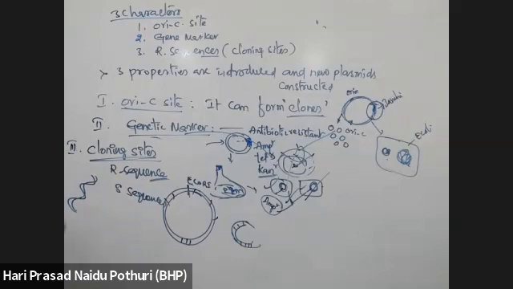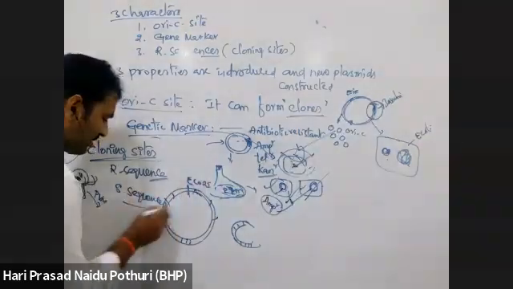Okay. So suppose if the gene has any other sequence like PvuI or something, I can use that enzyme and cut the gene into restriction fragments. But if this sequence is not present on the vector, we cannot insert. Suppose pBR322 has 8 restriction sequences, right?